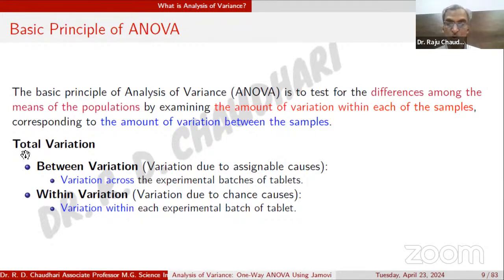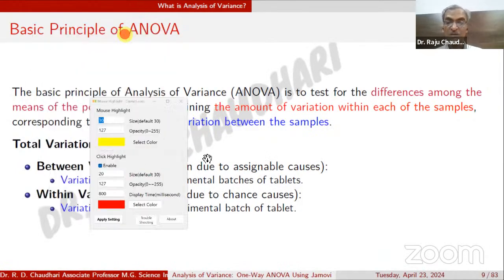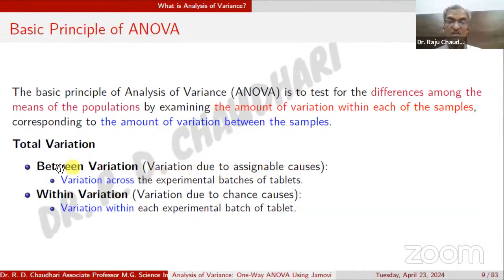In short, total variation is classified into variation due to assignable causes, which is also known as between variation, and variation due to chance causes, that is within variation, right? Because from batch 1 to batch 2 there is a variation, so obviously we may think that because of different batches there is a variation. So between variation, and within variation.